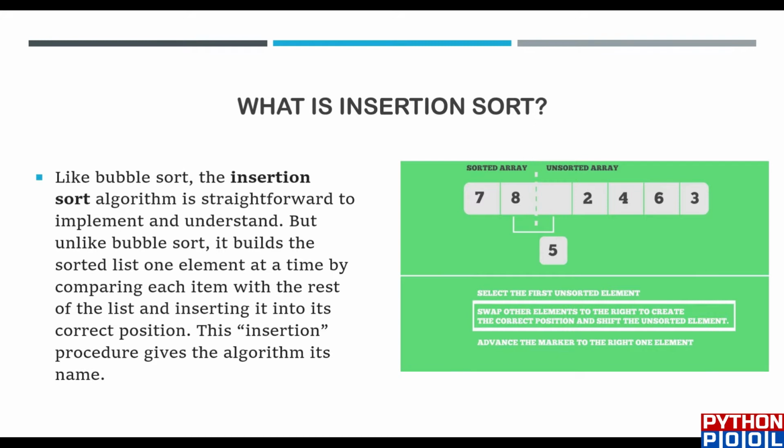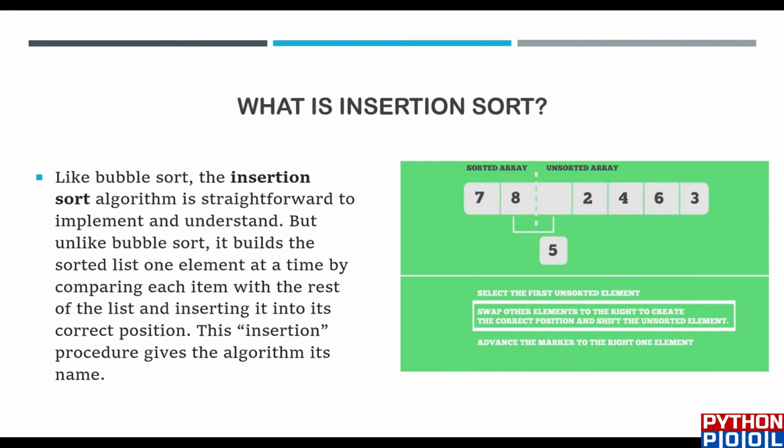So in the sorted array, the 5 would be placed at its correct position. In this way, every element in the list is selected, compared with the whole list, and then the list is divided into a sorted part and an unsorted part, and the number is placed at the correct position in the sorted list.